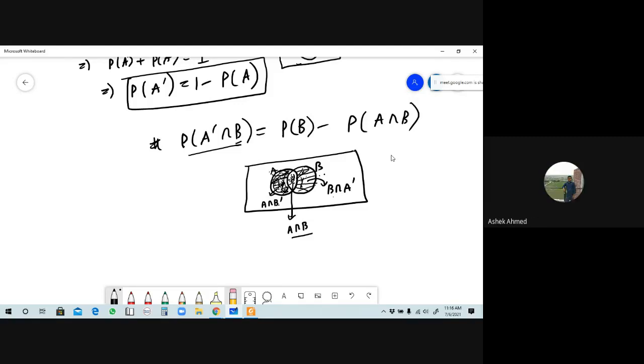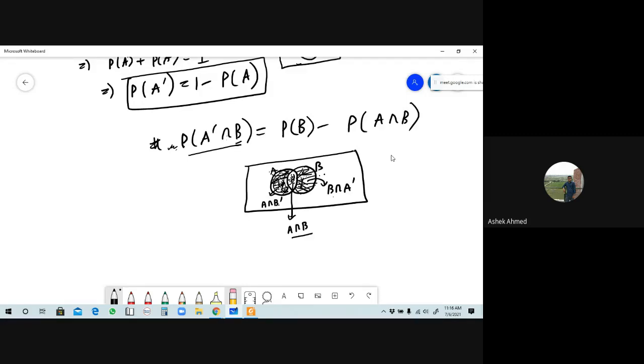Yes, sir. If you take the complement, you will get this result. Now we will find out this formula. Okay, how can we get this formula? From here, since this is A complement intersection B, this represents this region. Understand?